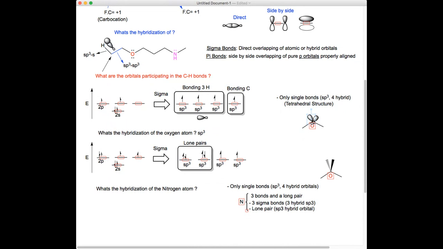For the nitrogen, we have 3 sigma bonds and a lone pair. So 3 sigma bonds, and the lone pair will also be in an sp3 hybrid orbital. So that's how the nitrogen is going to look.